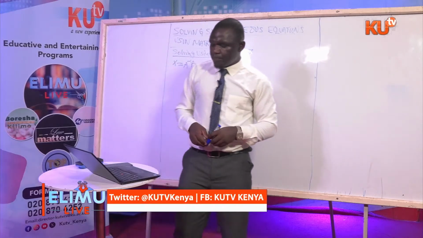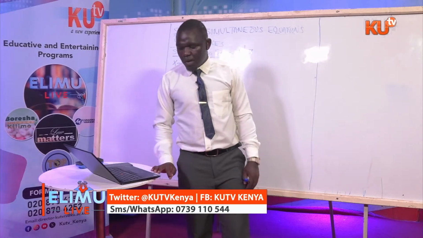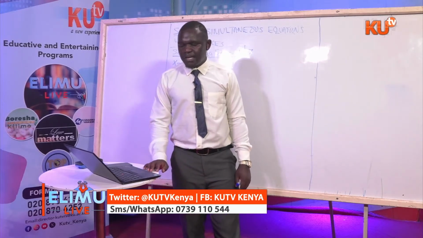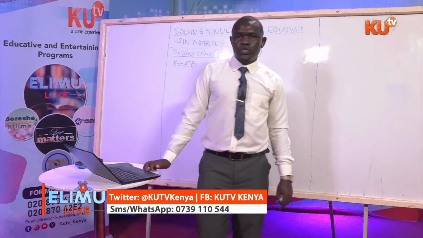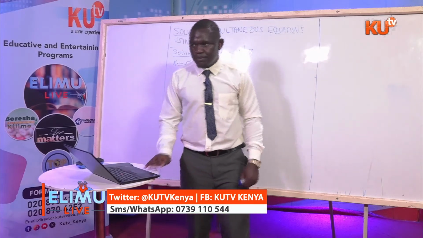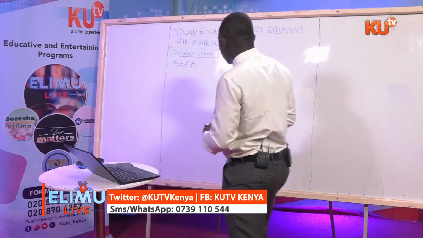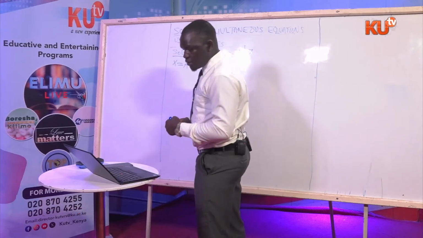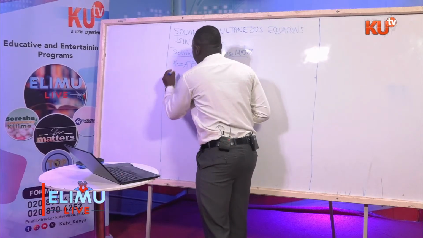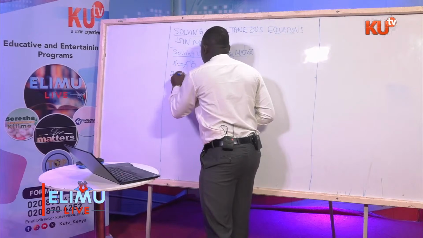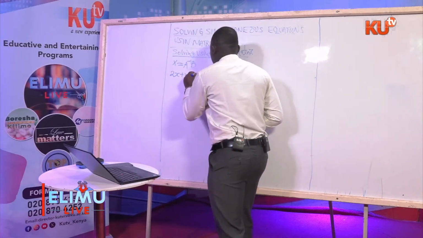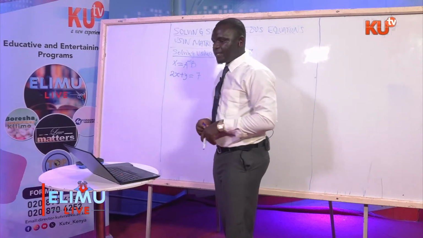Solve 3x plus y equal to 7 and 2x minus y equal to 1. We are told to solve using the matrix method. We've been given two simultaneous equations. 2x plus y to give us 7.